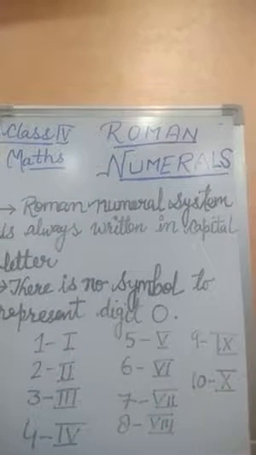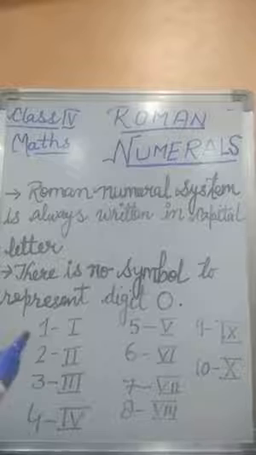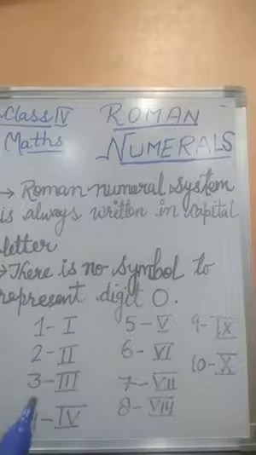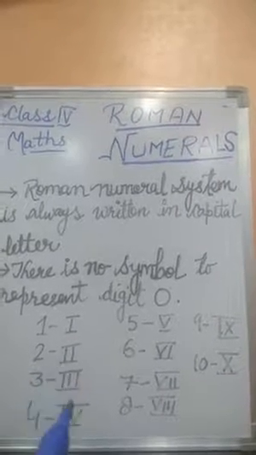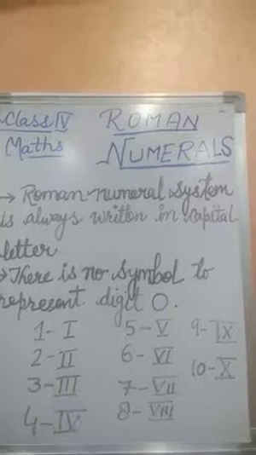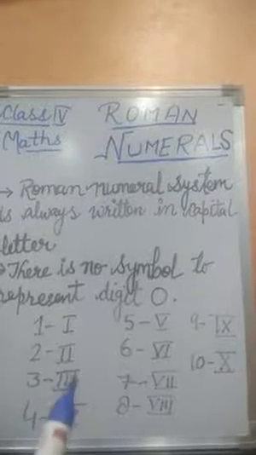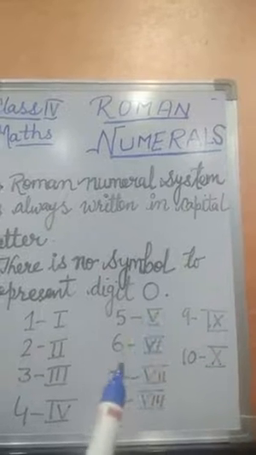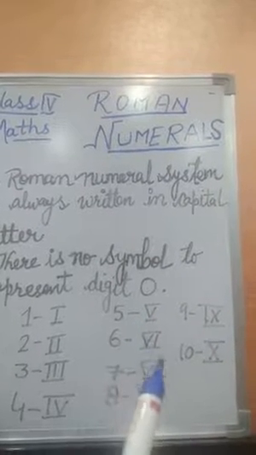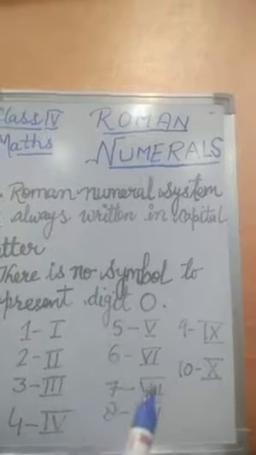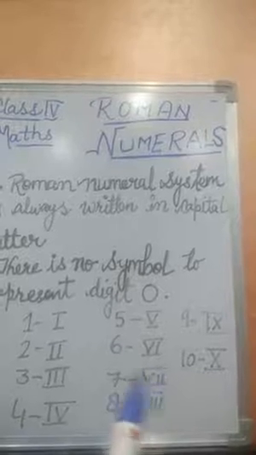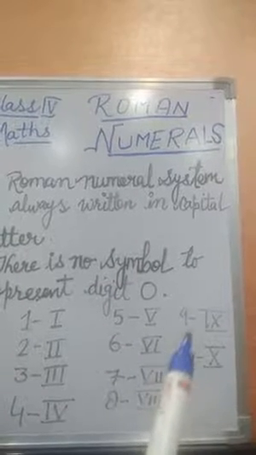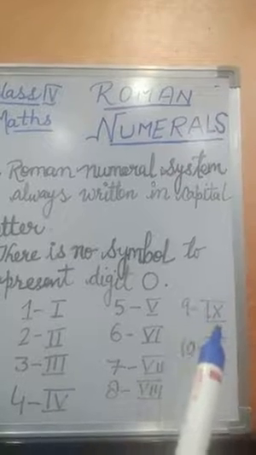So, let's study. 1 means I, 2 means II, 3 means triple I, III. 4 means I and V, IV. 5 means V. 6 is VI. 7 is VII. 8 is VIII. 9 is IX.